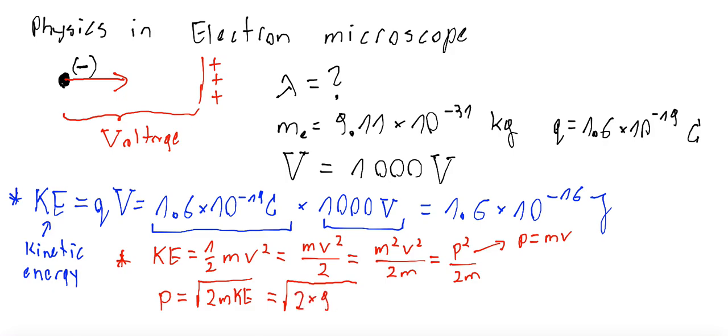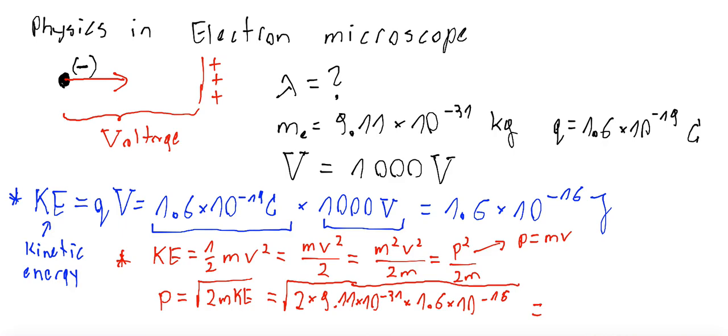So 2 times 9.11 times 10 to the power of minus 31, it's data given by me at the beginning of the exercise, times kinetic energy, which is 1.6 times 10 to the power of minus 16 joules. This is something we calculated a few seconds ago. I have a calculator, please calculate this. And let me check what the result is. I'm not prepared, I don't know the result. I must turn on my calculator and calculate it. So what is it?